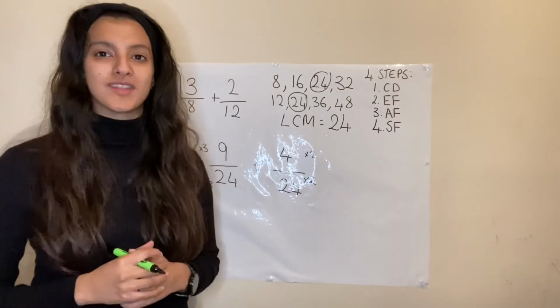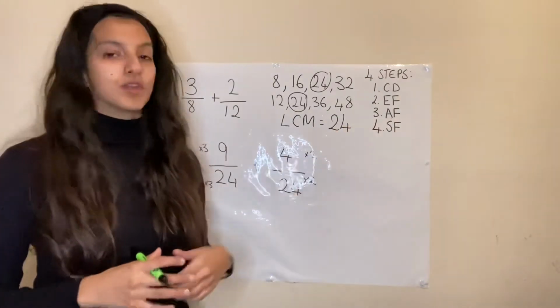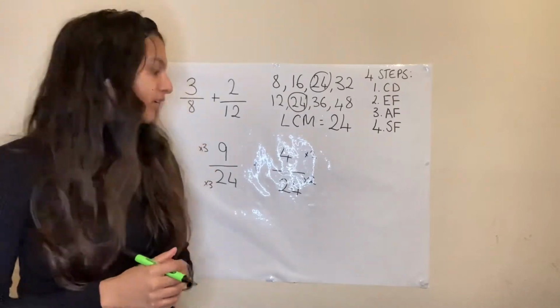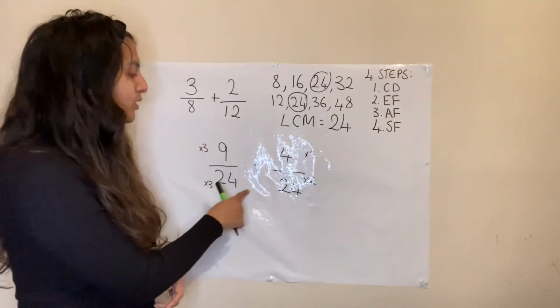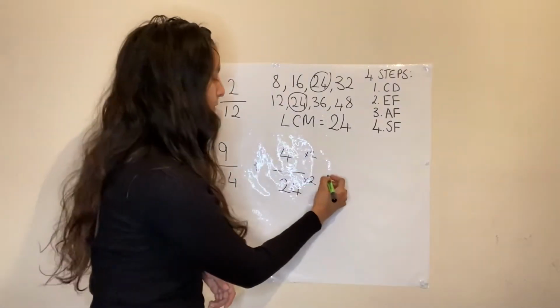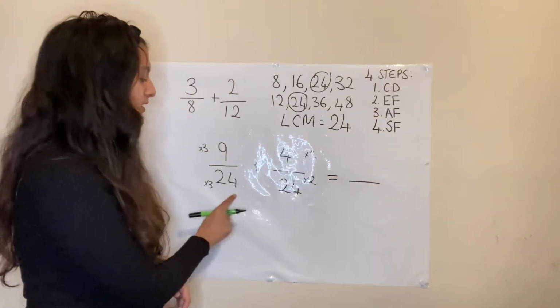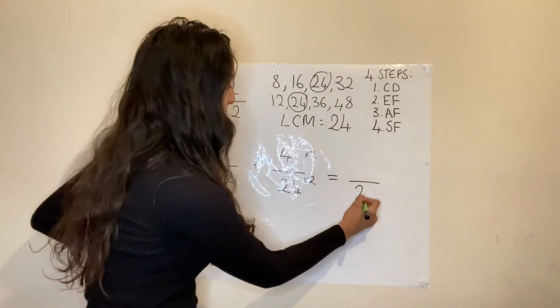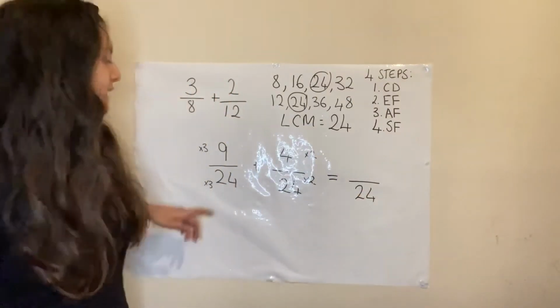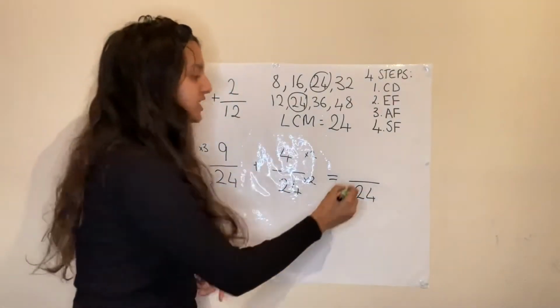Now we need to move on to step number 3. Step number 3 is to add our fractions together. So we need to add 9 over 24 plus 4 over 24. Because we've got the same denominator, it stays the same. Now we need to add 9 plus 4, which equals 13.